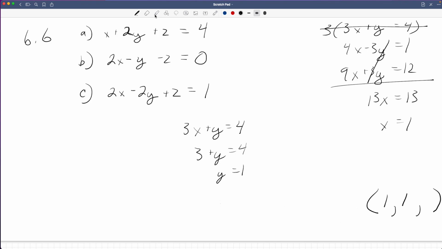All right, now I can substitute in y and x. I'm just going to use the one on the bottom because it's got the easiest access. 2 times 1 is 2, minus 2 times 1 is 2, plus z is equal to 1. So 2 minus 2, that cancels each other out. So then z is equal to 1 as well.